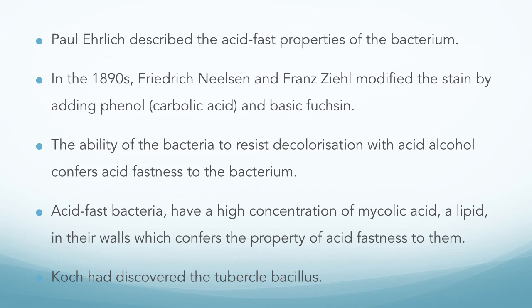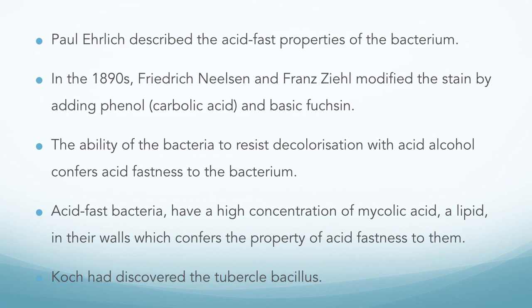And therefore, conventional stains could not be used for staining the tubercle bacilli. In the 1890s, Franz Ziehl and Friedrich Neelsen modified the conventional stain by adding phenol, that is carbolic acid, and basic fuchsine in order to stain the acid-fast bacteria.